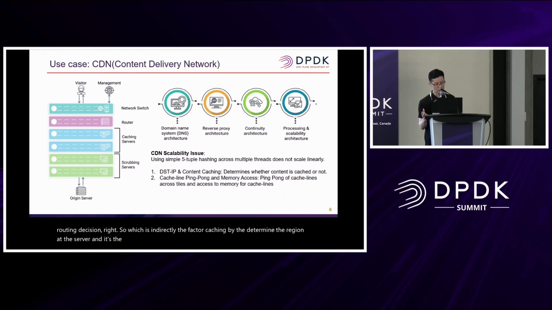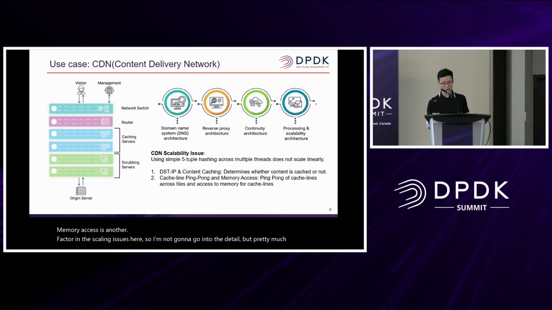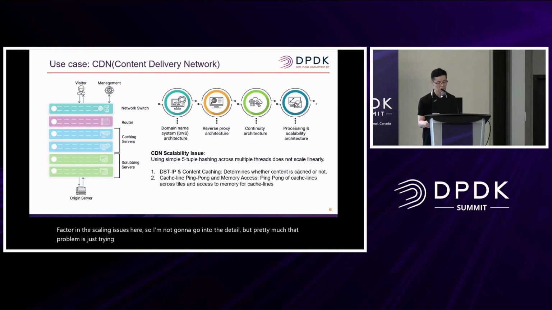So cache line ping-pong and memory access is another factor in the scaling issues here. I'm not going to go into the detail, but the problem we are trying to see is multiple threads updating the metadata and sharing data structures like global hit counters and frequently accessed load balance information, which must be updated across, in our case, different core dies and complexes for these logical cores, right?